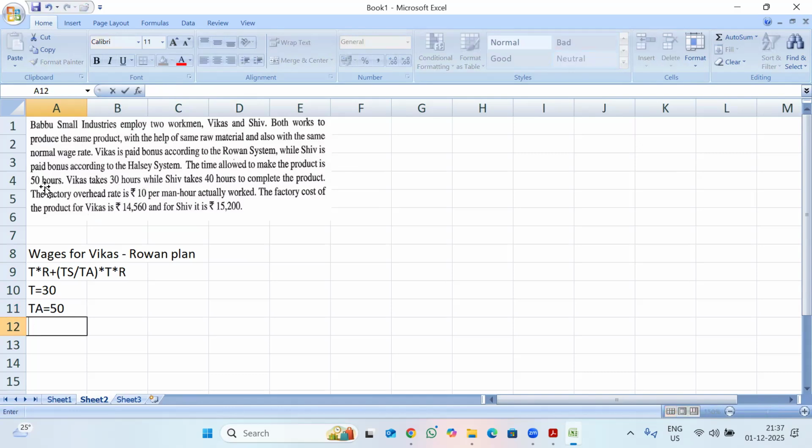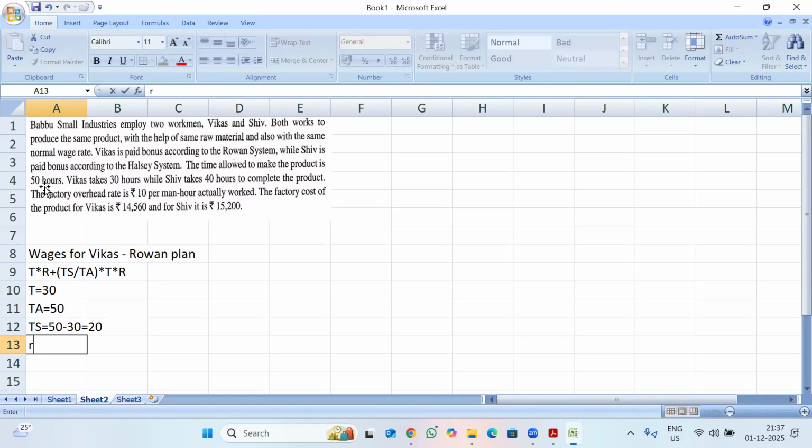I want to calculate time saved: 50 minus 30, so time saved is 20 hours, right?